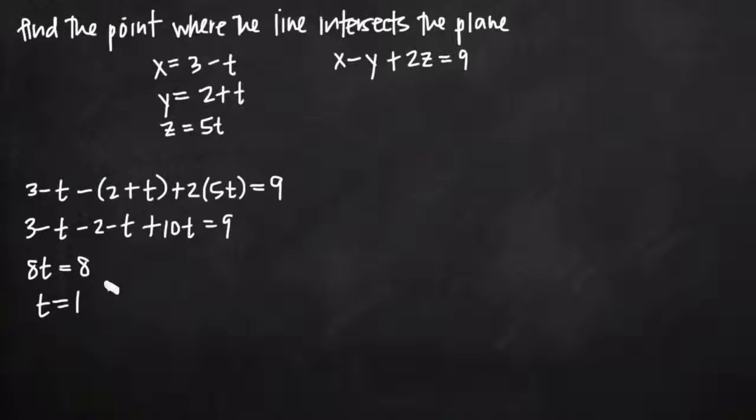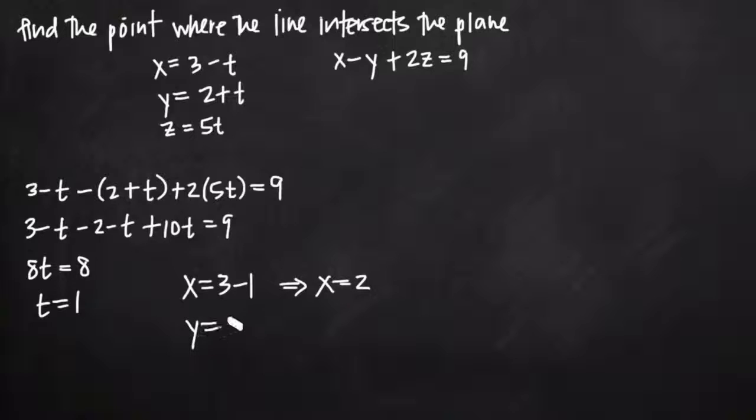Now, in order to find a coordinate point in terms of x, y, and z where the intersection occurs, all we need to do is plug this parameter value into the parametric equations of the line. That'll give us values of x, y, and z that we can plug into our coordinate point. So here's what that looks like. Let's plug in 1 for t as the parameter value. We'll get x is equal to 3 minus 1, or x is equal to 2 here.